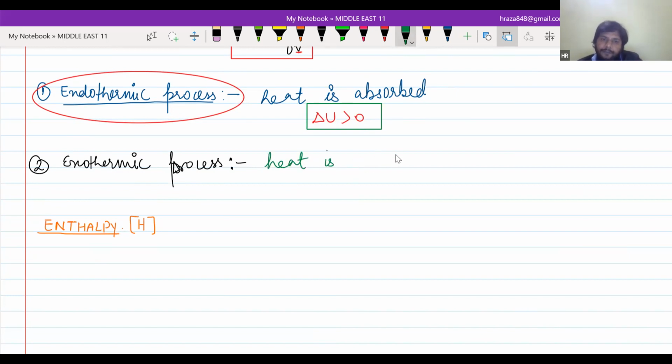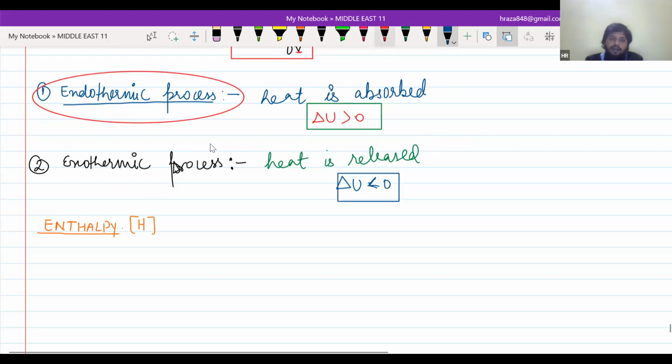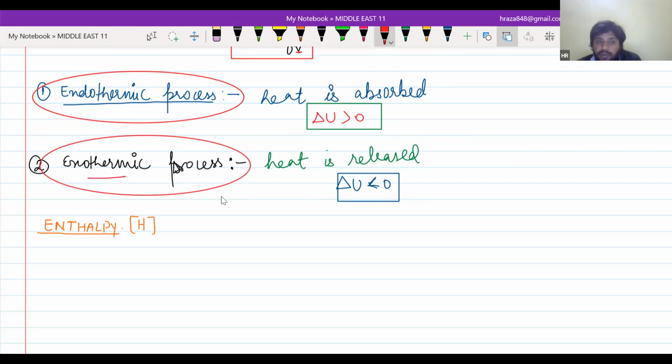If heat is released, the internal energy of the system finally decreases, so the change will be negative. So the important thing is that for an exothermic process, delta U is less than 0.